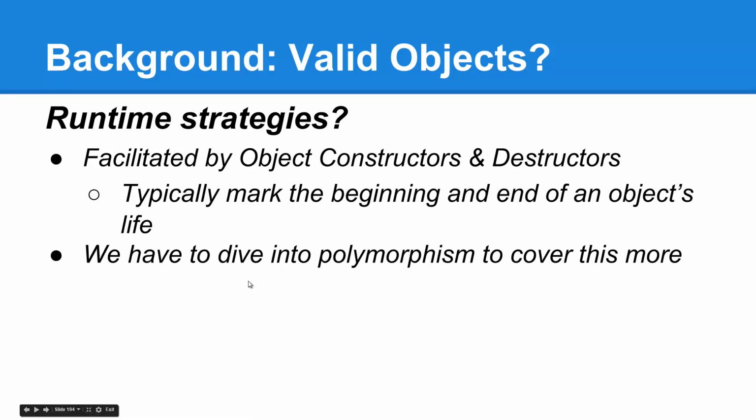Now, at runtime, there are a number of strategies, but we have to really dive into how polymorphism works in order to understand these. But what you need to know at this point is that runtime strategies are primarily facilitated by constructors and destructors.